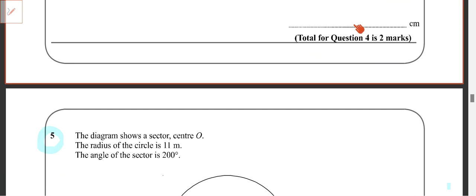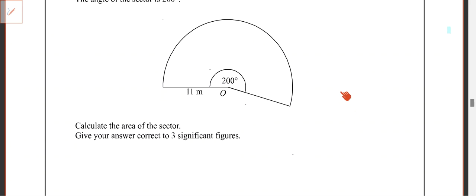Let's have a look at question 5 then. Alright, we now want to know the area of the sector, so that's the whole space, so what formula do I use? A equals pi r squared. Alright, that's the one I'm going to use. What's R in this case? R is 11 meters.